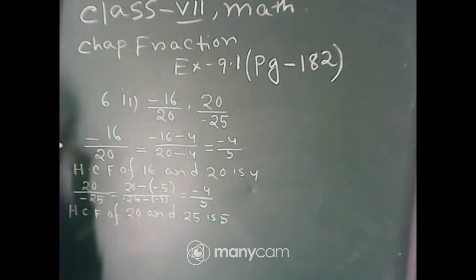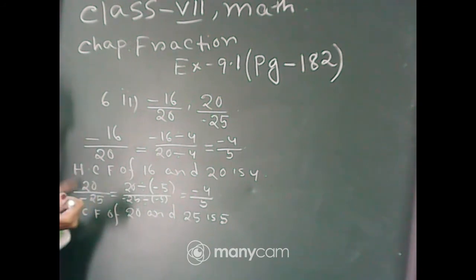Again I repeat, 20 divided by minus 25. Here we see that the denominator is negative.